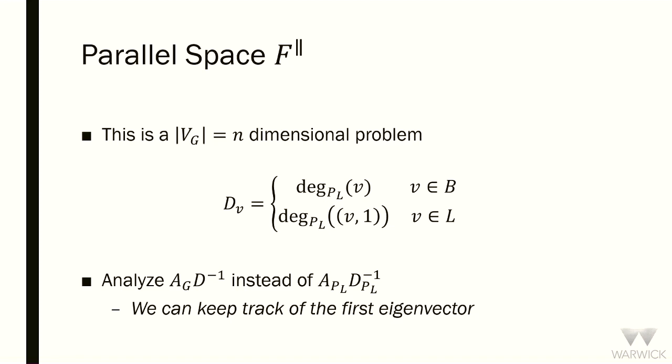For the parallel space, we recall that we assign the same value to vertices in each fiber. These are linear constraints, and the parallel space actually has dimension n, where n is the size of the base graph. So this is actually an n-dimensional problem, even though we work with a partial lift, which can be larger.